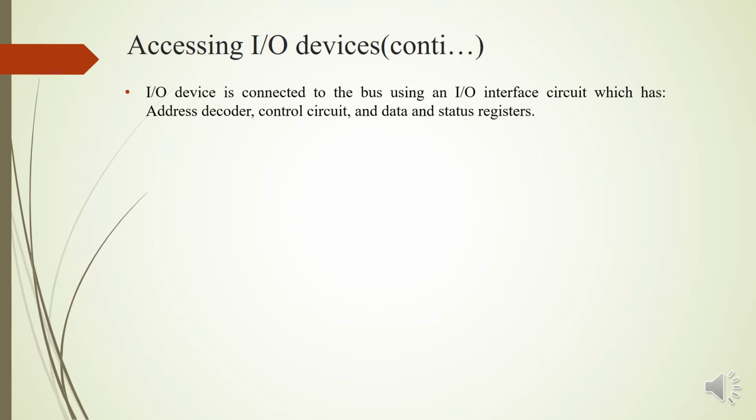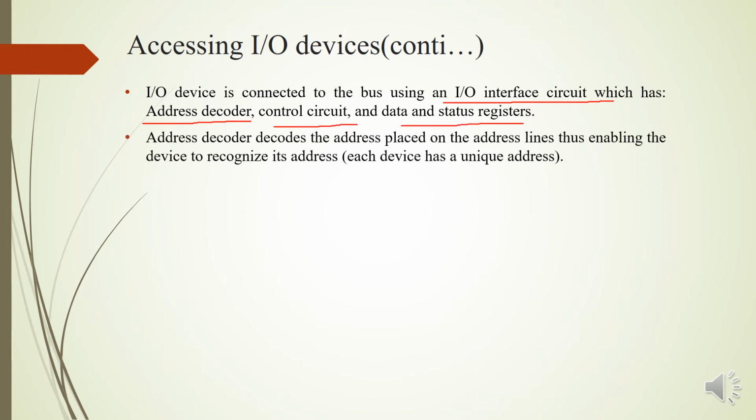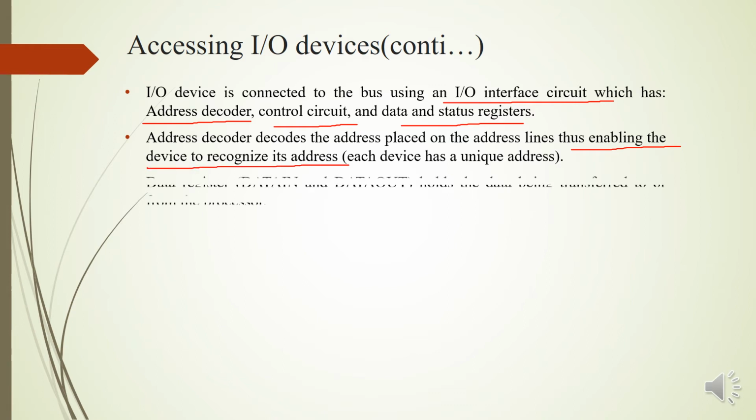I/O device is connected to the bus using I/O interface circuit, which has 3 modules in it. One is address decoder, control circuit, and data and status register. Address decoder decodes address placed on the address lines, thus enabling the I/O device to recognize its address.